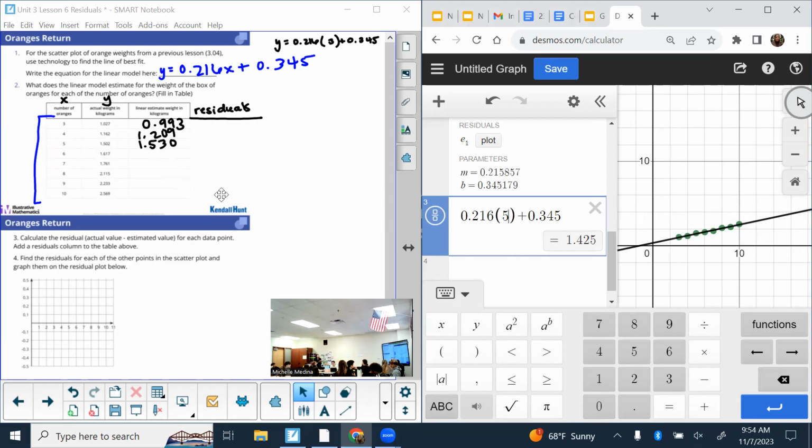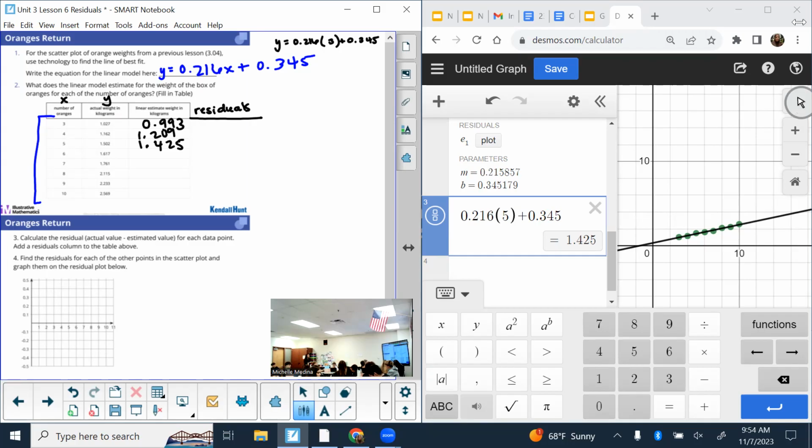Did you round differently, maybe? Okay, so not a big deal, but let's make sure it's this now. So 1.425 is what everyone should have for when it's 5.